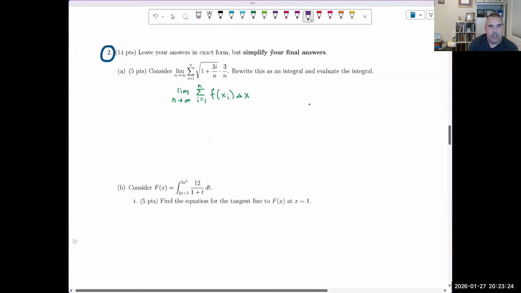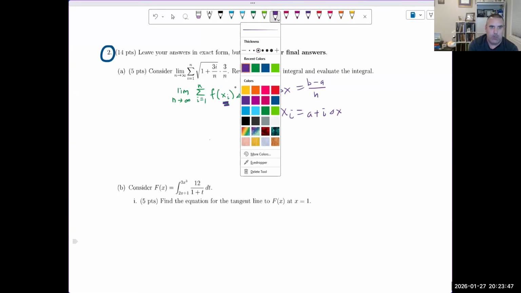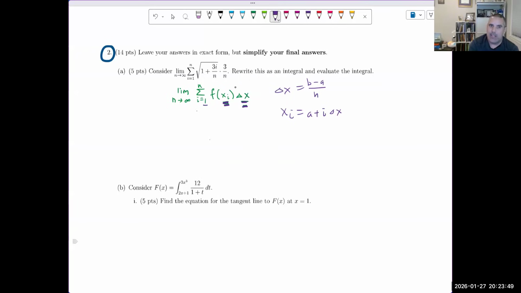Okay, so this was the setup. Delta x was b minus a over n, and x_i was a plus i delta x. So when you're trying to undo this machinery, the a and the b are hiding in here. And I think there's already a question on the discussion board or in my email where somebody's saying, why is this 1 if there's an a and a b?